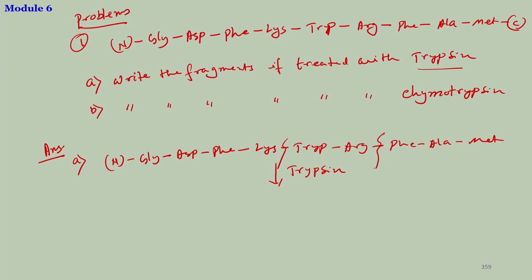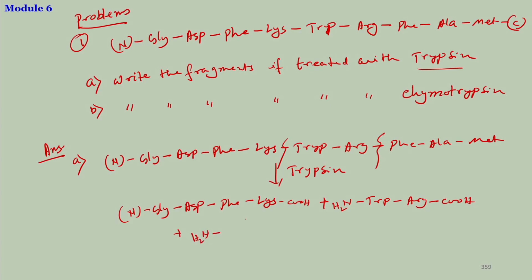So, the fragments that we will see is glycine, aspartic acid, phenylalanine, lysine, free acid plus NH2, tryptophan, arginine, free acid plus it will expose the amine at the phenylalanine, alanine, methionine.